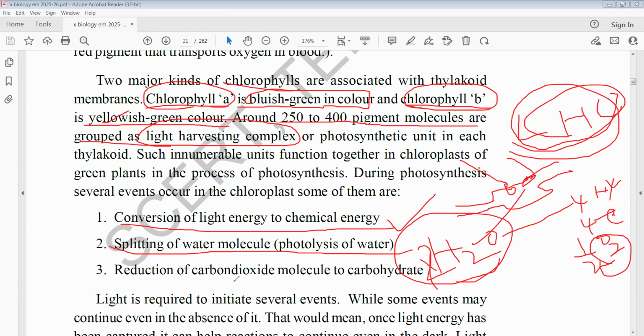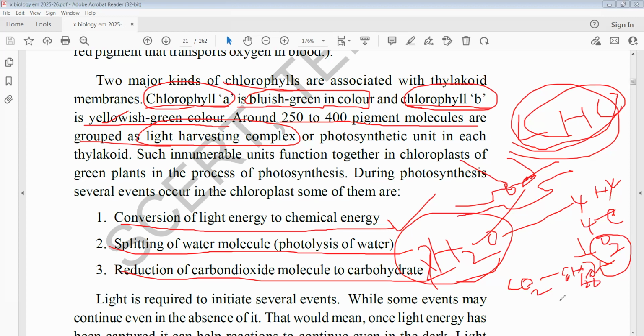So this is the second function. And the third one is reduction of carbon dioxide molecule into carbohydrate. The third point states that carbon dioxide is converted into glucose, C6H12O6. This is the third function.